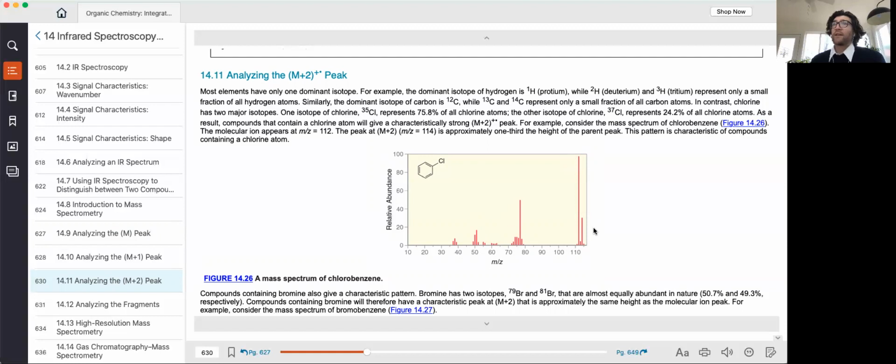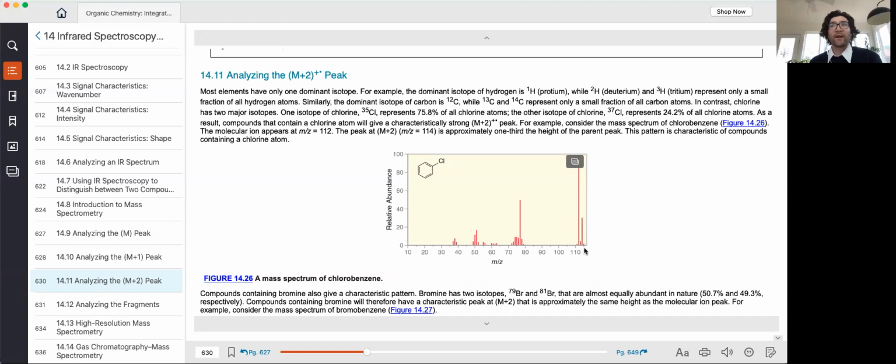And typically, you see a pattern where the M peak is about twice as high or 3 times as high as the M+2 peak, because chlorine's two isotopes are in 75% abundance for 35 and 25% abundance for 37. So the M peak will always be at least 3 times as high as the M+2 peak.